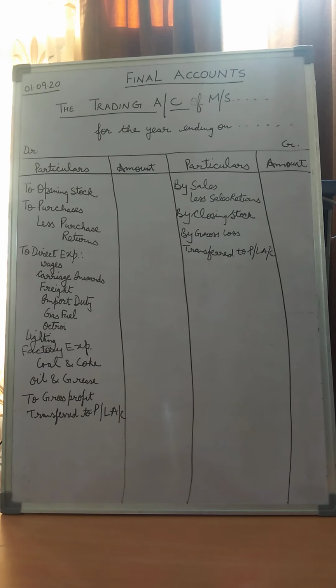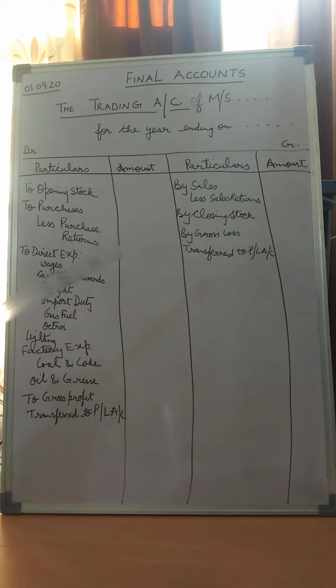On the debit side we write to opening stock, then to purchases less the purchase return, then we have all the direct expenses. Say if there are wages, carriage inward, freight, import duty, gas, fuel, octroi, lighting, factory expenses, coal and coke, oil and grease, all these are recorded in the direct expenses, children.